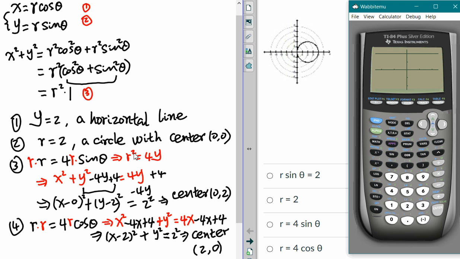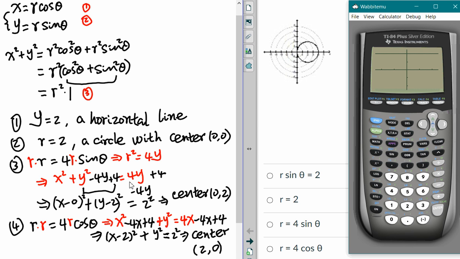And r squared is x squared plus y squared. So then basically from here you have x squared plus y squared equals 4y. We know that if x is squared and y is squared, and here the exponent of y is 1, that's a circle.